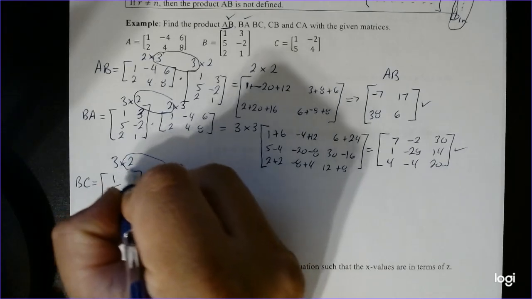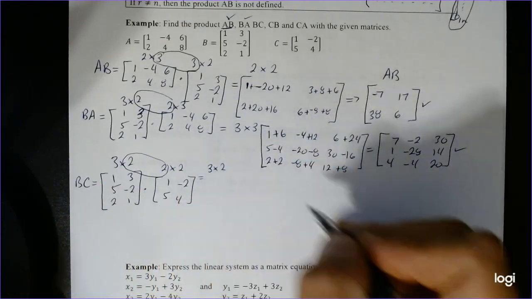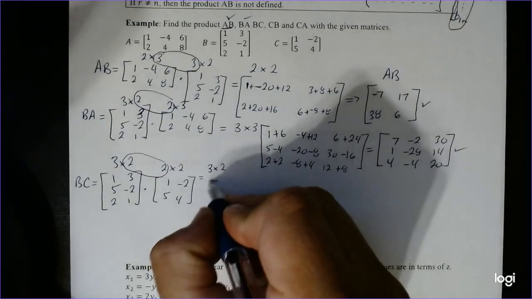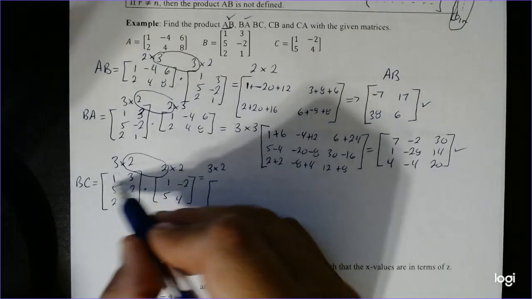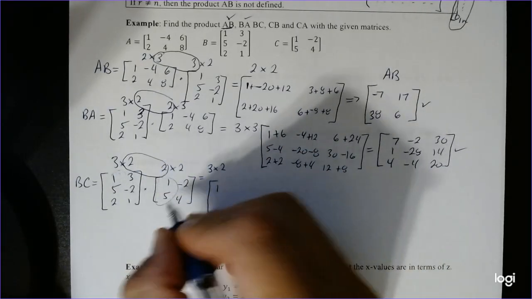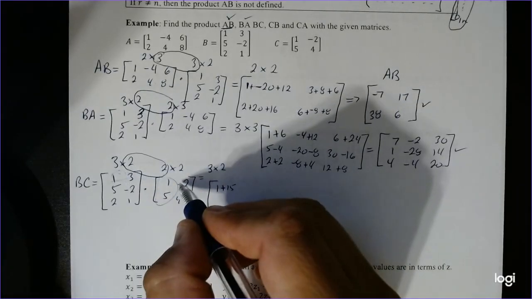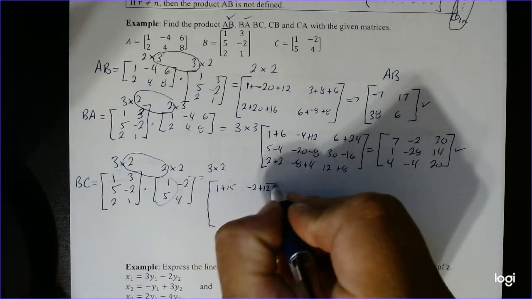So it does work. So the result is going to be a 3 by 2 matrix. Okay. So good thing is this is also pretty short because it's going to cross. So 1, 1 is 1 is 15. Negative 2, 12.